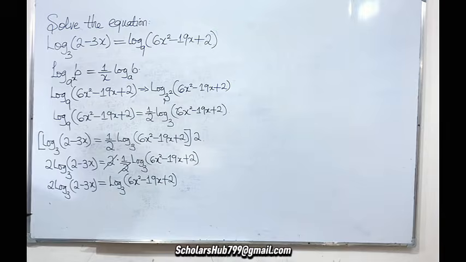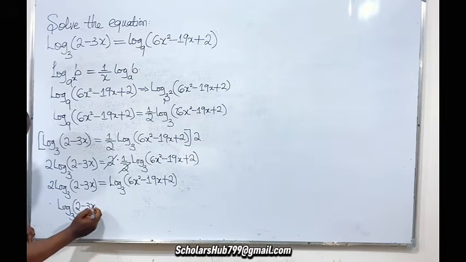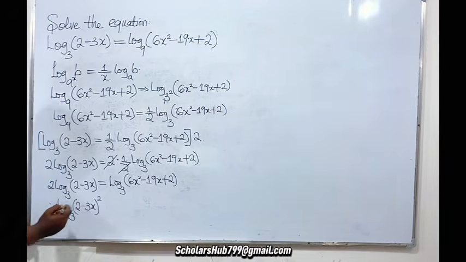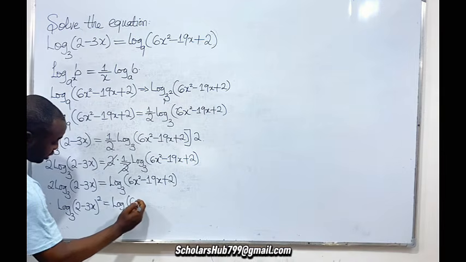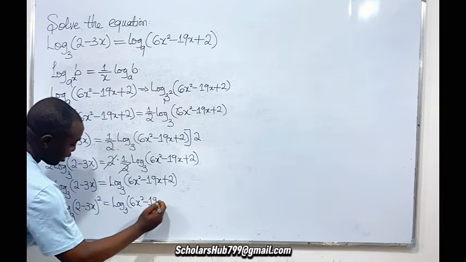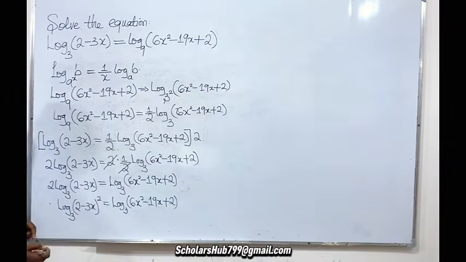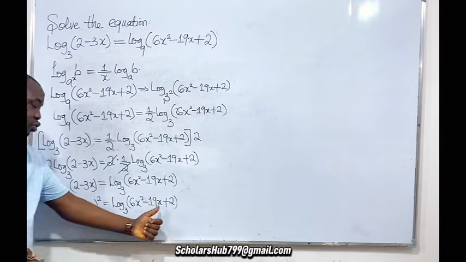Now this multiplier, I'm going to bring it here to become the power of the argument, that's the argument (2 − 3x). So this will be log to base 3 of (2 − 3x) raised to the power of 2, equal to log to base 3 of (6x² − 19x + 2). So we have log to base 3 of this equal to log to base 3 of this.